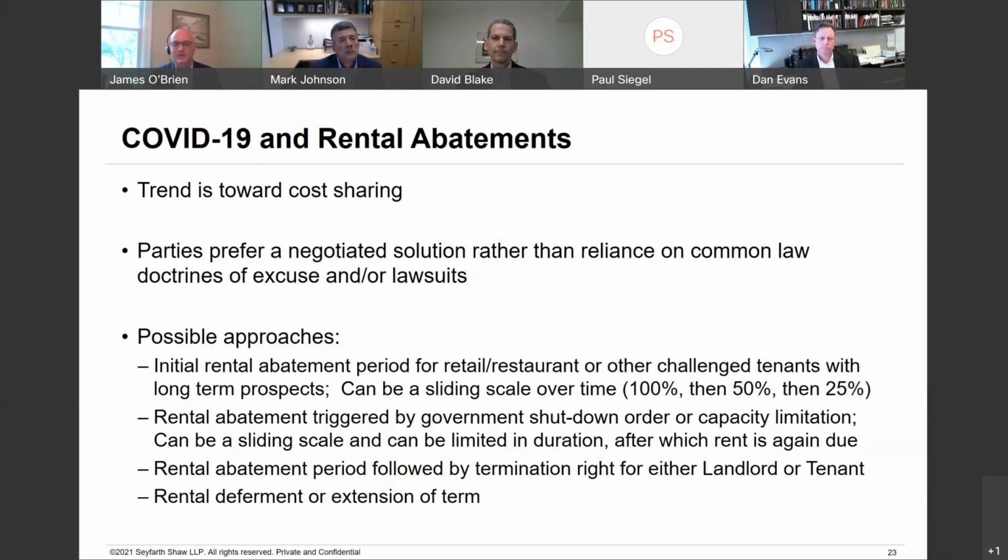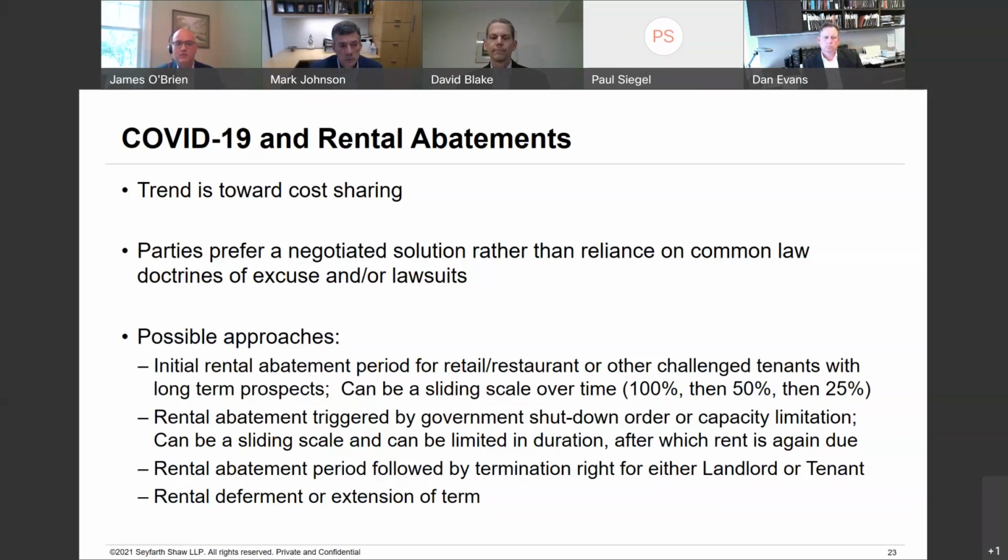This can be a sliding scale. I'm doing a deal right now where the tenant has a 100% rental abatement for the first couple of months, then a 50% rental abatement, then 25%. And that's really just the landlord trying to incentivize them into the space, and they're going to be there for 5 to 10 years. Sharing that pain in the short term is good for them.